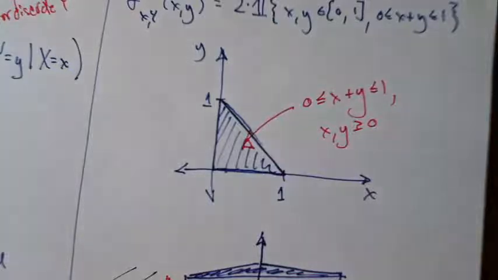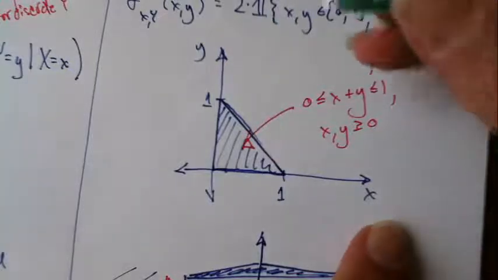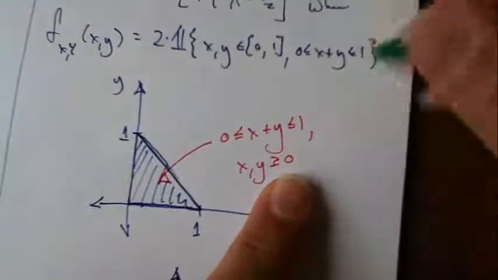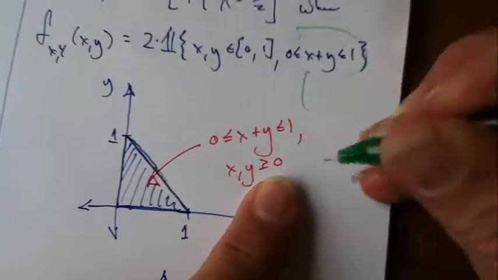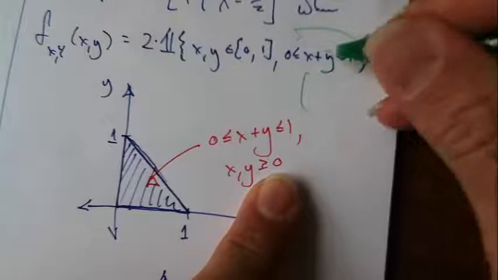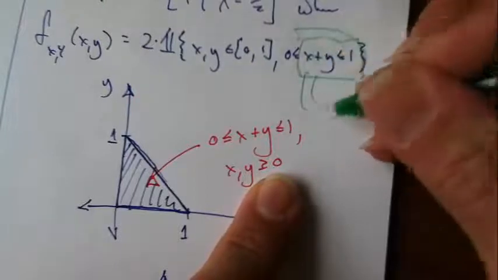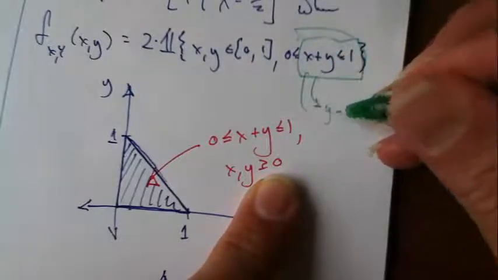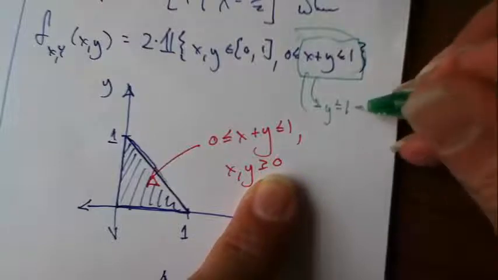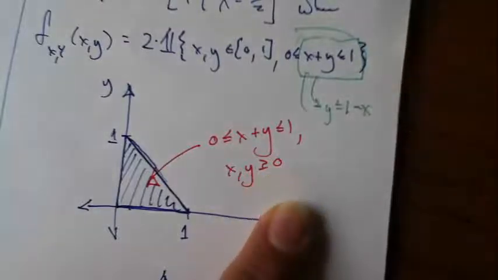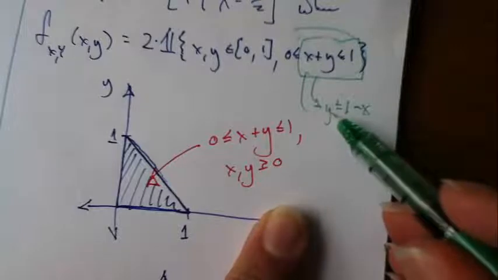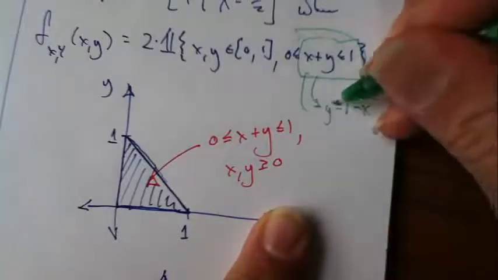One thing you could do is look up here and rearrange this part a little bit. I could say that's like y is less than or equal to 1 minus x. Or let's just graph the line y equals 1 minus x.